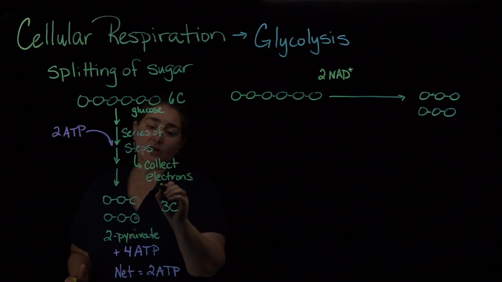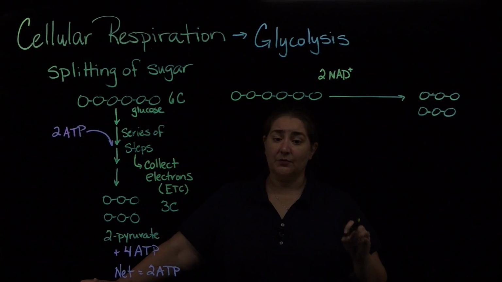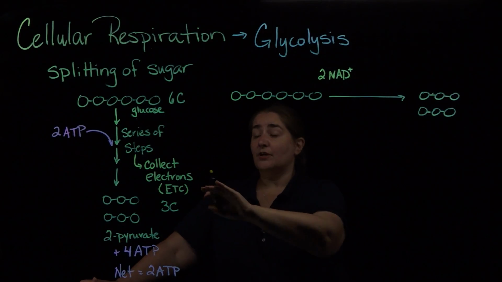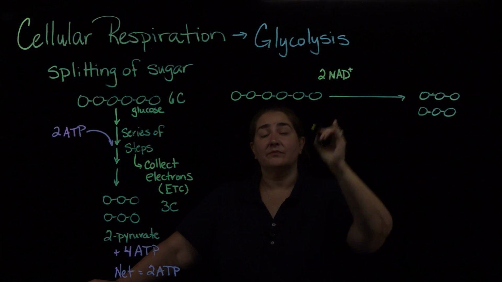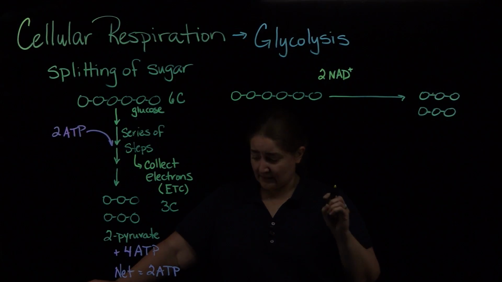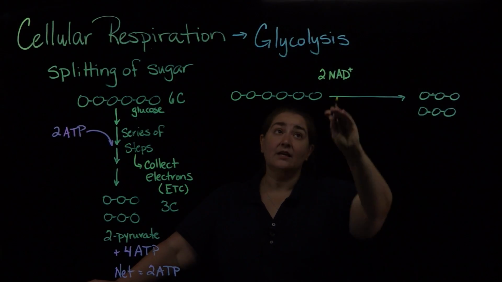And those electrons are going to be needed for our electron transport chain later in cellular respiration, okay? But we're going to collect some electrons there, and the way we're going to collect them is via an enzyme, okay? And this is going to be the enzyme I want you to know, okay?